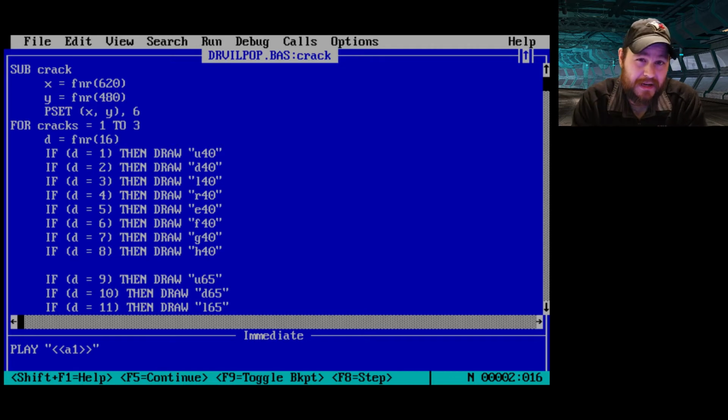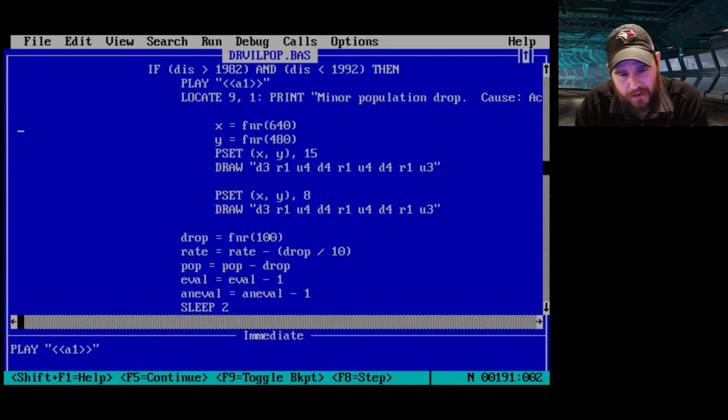I'm going to guess he just made a mistake. This should have been 640, but we'll forgive him. Okay, so that is a random position. It's white, and then we're going to draw this stuff. Then we're going to start drawing this stuff in a gray.